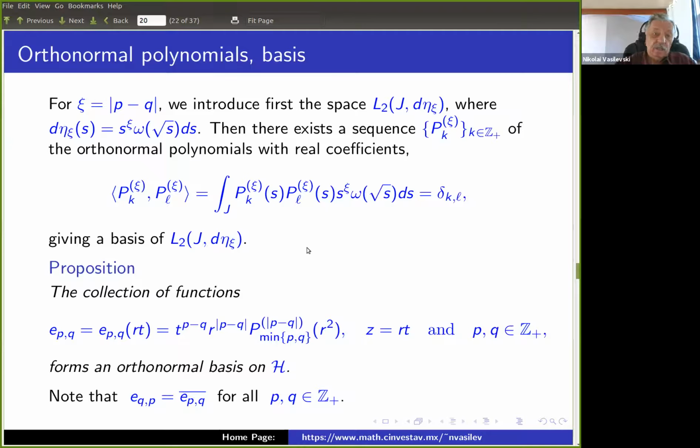And these orthonormal polynomials give a basis in our L2 space.